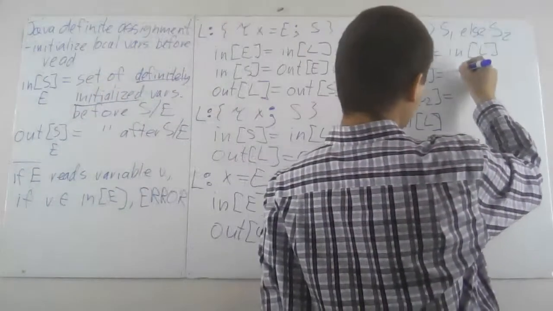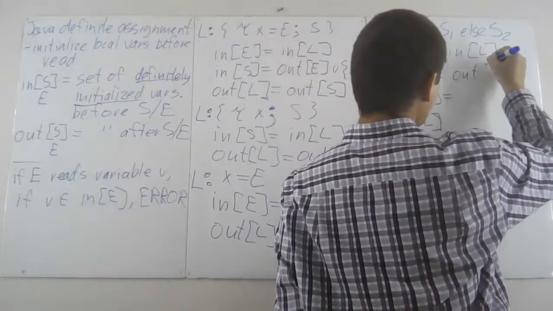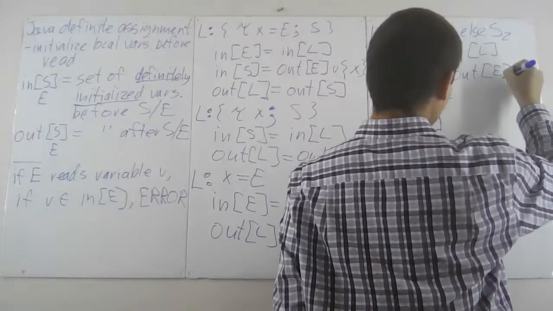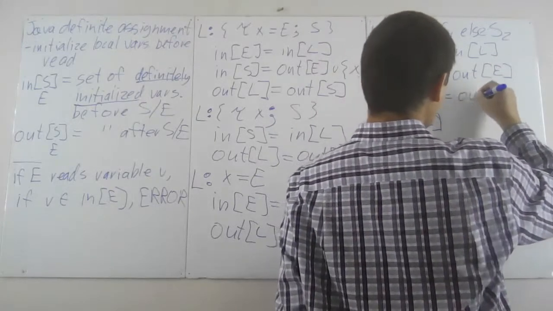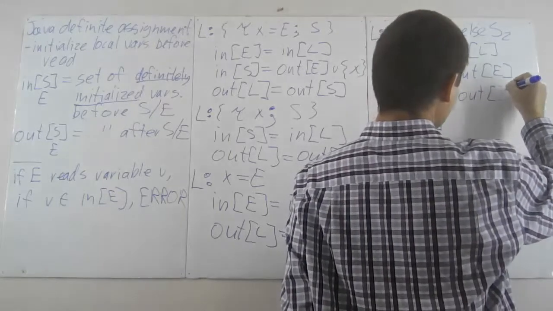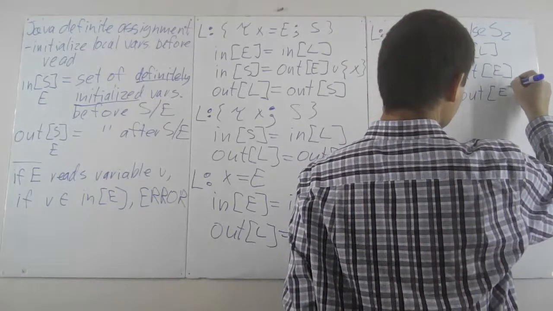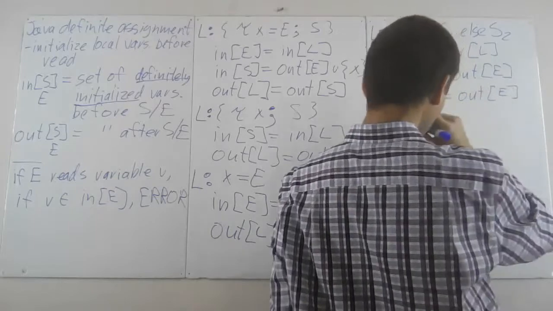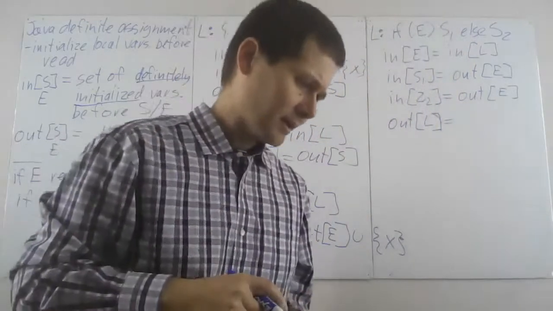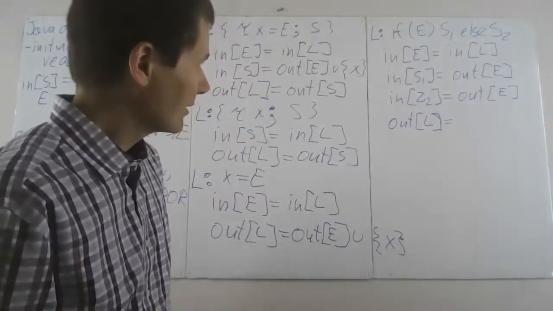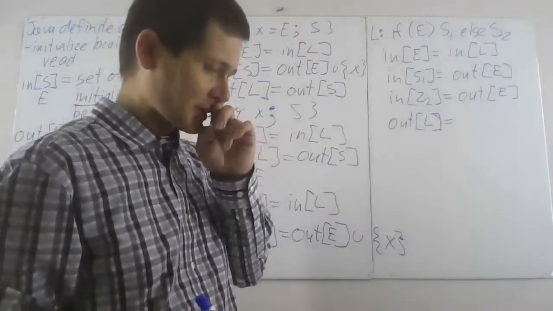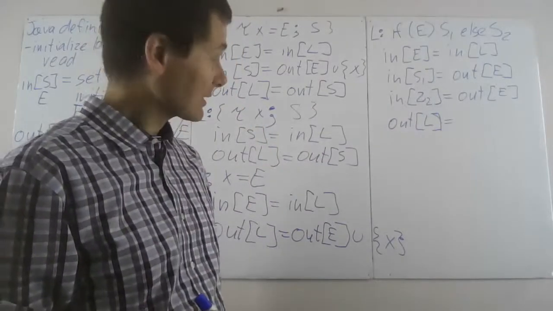So in of S1 is going to be out of the expression, and similarly for in of S2. Okay. But now, what about the out of the if statement?